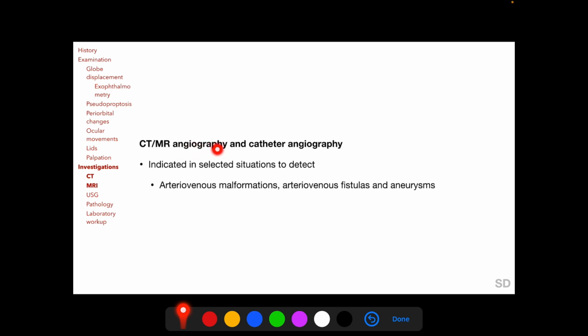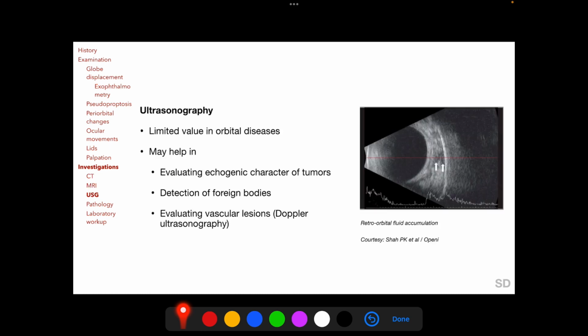Angiography is indicated in selected situations to detect arteriovenous malformations, arteriovenous fistulas and aneurysms, and angiography can be done with CT or MR without injecting a contrast agent, or a catheter angiography can be done in which contrast agents need to be injected but is still considered gold standard in angiography.